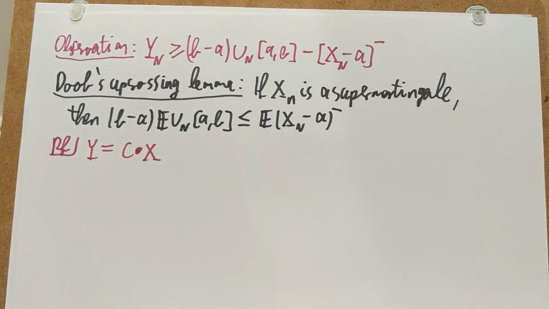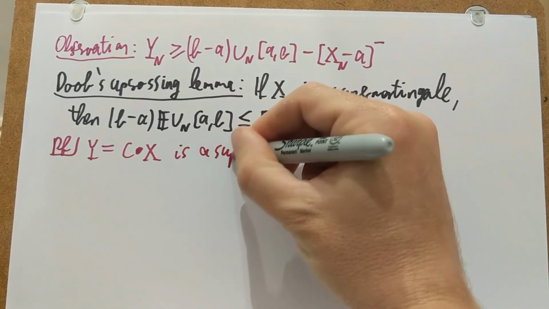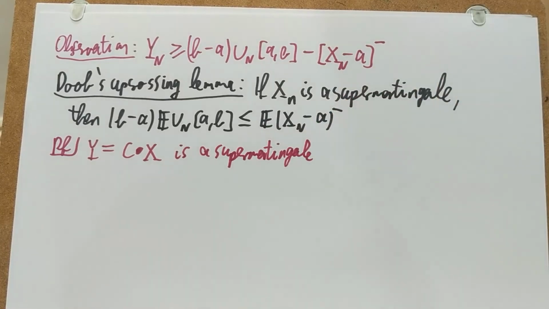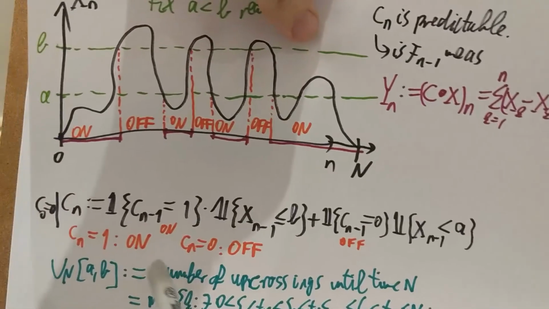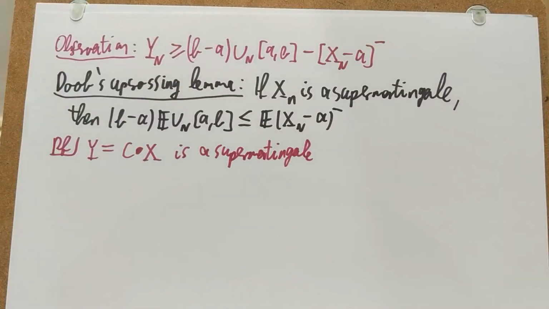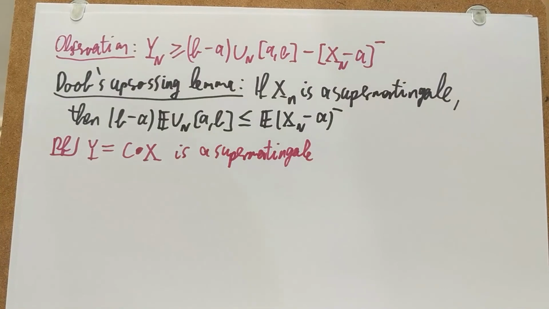For that process we have the above inequality, and this is a supermartingale as well, which is a property we saw when we first defined martingale transforms. The process C is an on-off process, a 0-1 valued process, non-negative and of course bounded, so everything is fine. With such processes, if X is a supermartingale, then the martingale transform is also a supermartingale.